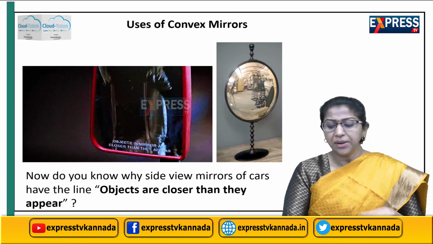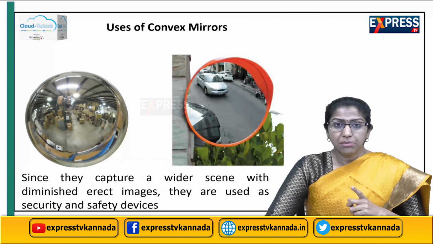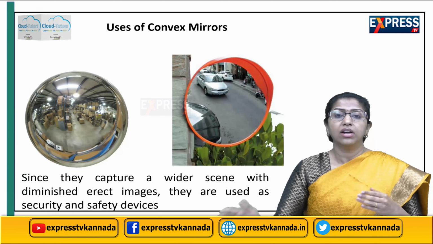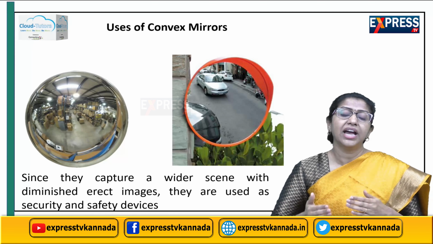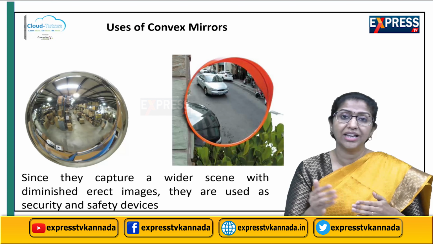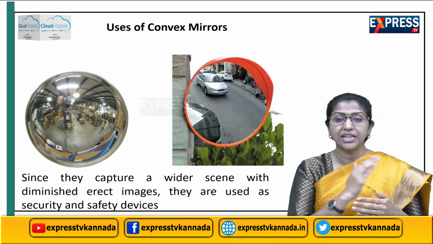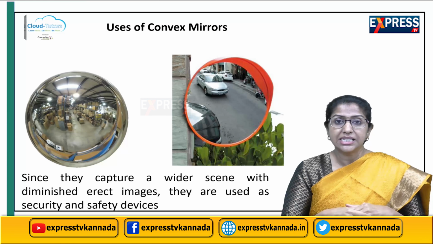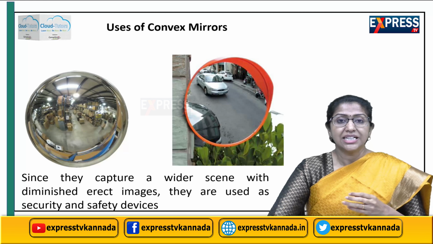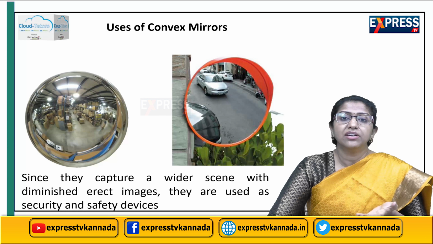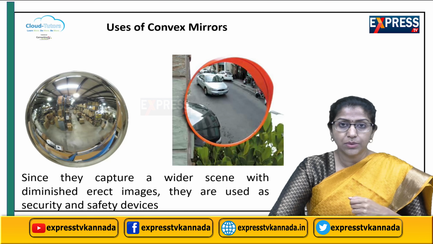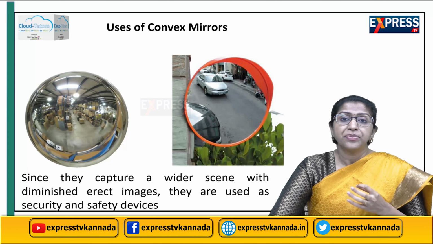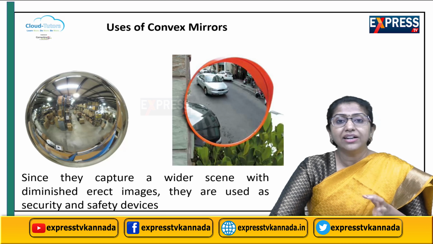This is exactly the same reason it is also used in shopping malls, or near the corners of the road. If we have a hairpin curve where the person coming from one side is not able to see what is coming from the other side, there they are used as safety mirrors. They provide virtual, erect, diminished images, but they give us a very wide range of view.